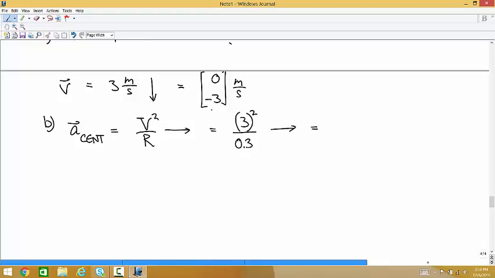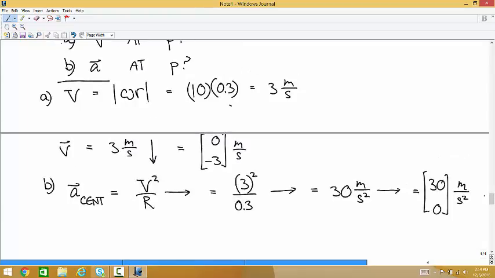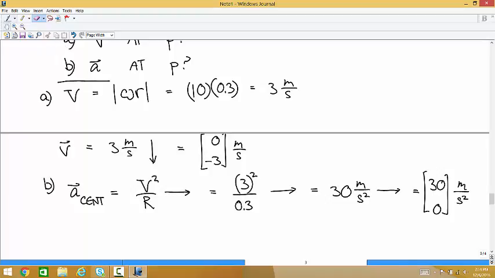And so you get 30 meters per second squared this way in the positive x direction. So that's 30, 0. Any questions about the centripetal acceleration?